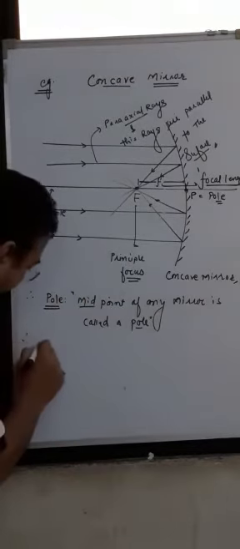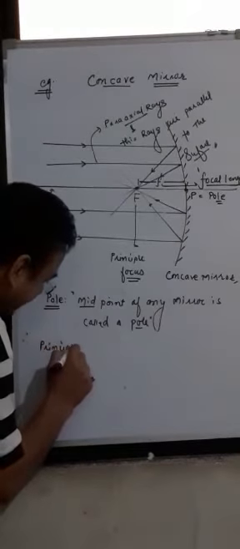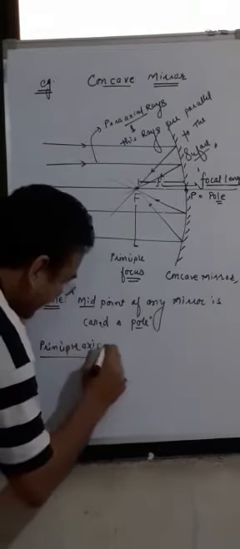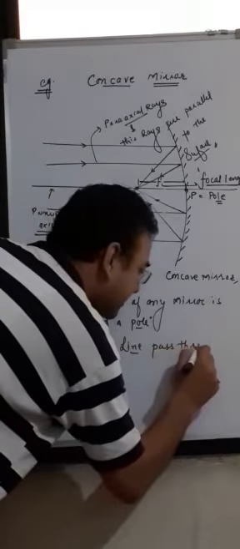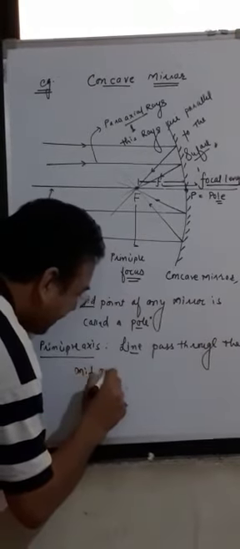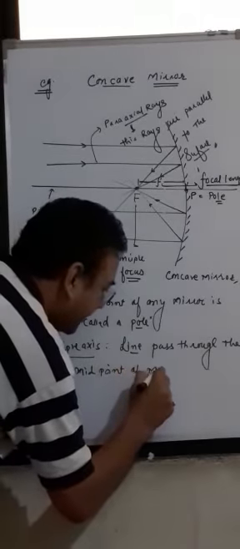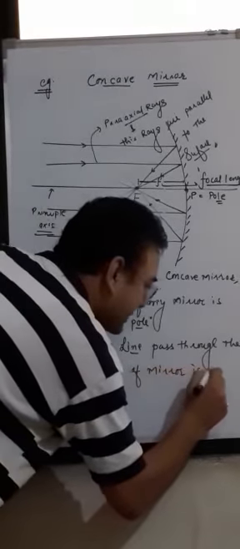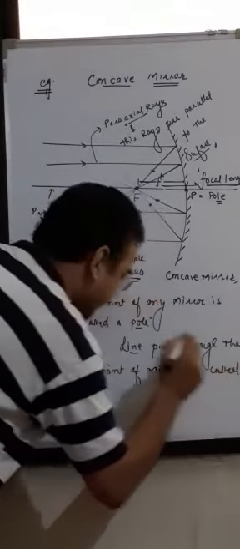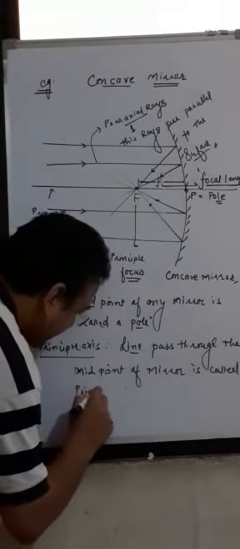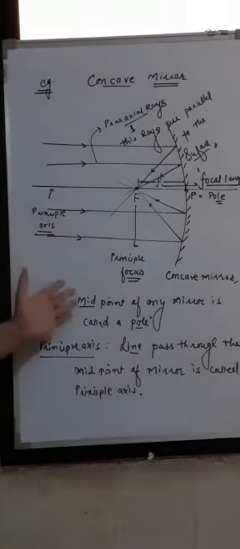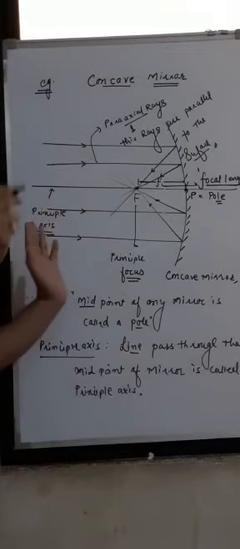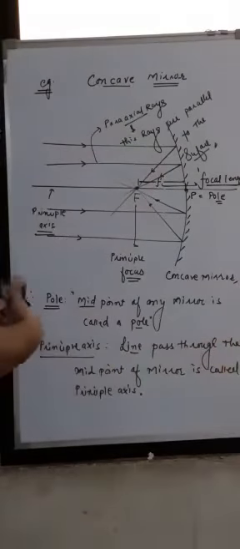Next, principal axis: the line passing through the midpoint of the mirror is called the principal axis. Got it? Doubt? Fine.